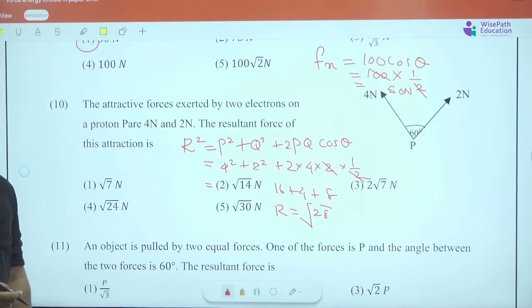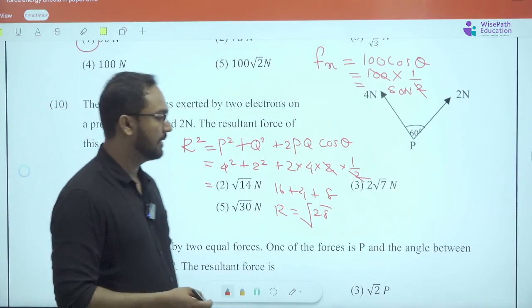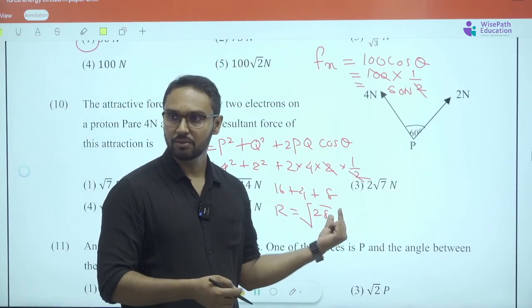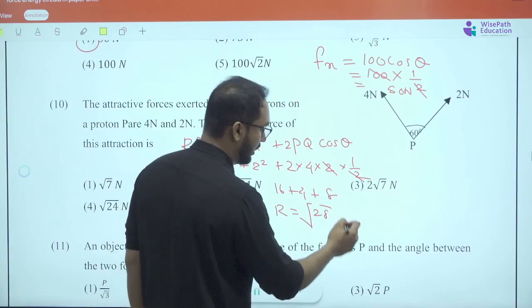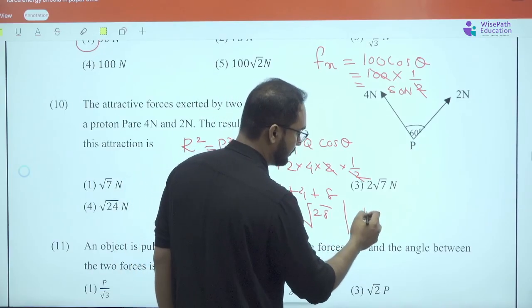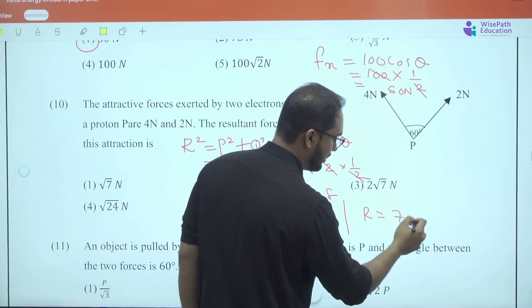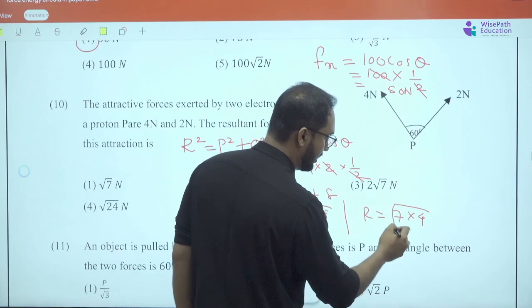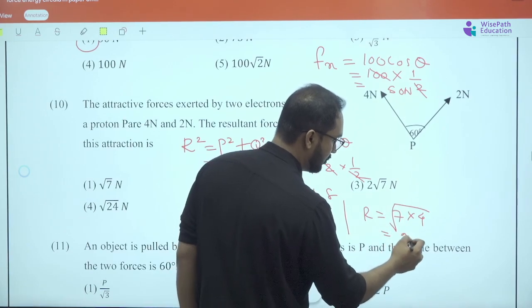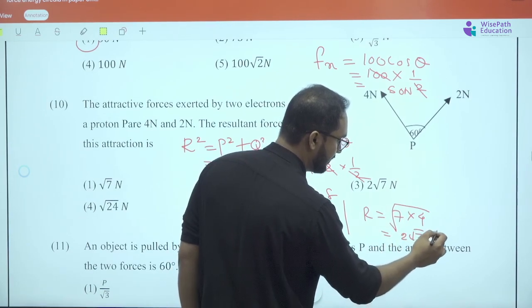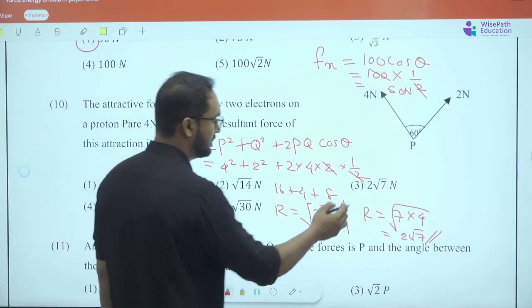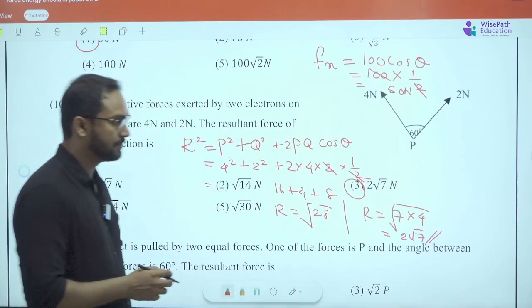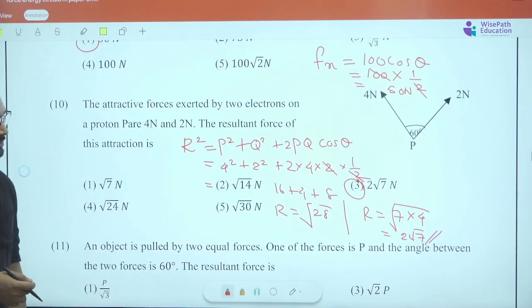You can convert it into surds: 28 is equal to 7 into 4. So that is 2 root 7. 2 root 7. The answer is 3. Answer is 3.